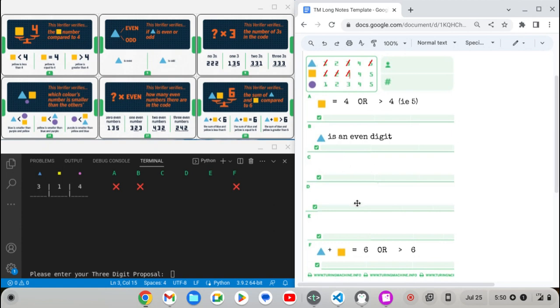Criteria card D, we still haven't found out which is the absolute smallest. I don't know if square could ever be the smallest. Yeah, I don't think square could be the smallest. So square can't be the smallest, because then what would triangle be?